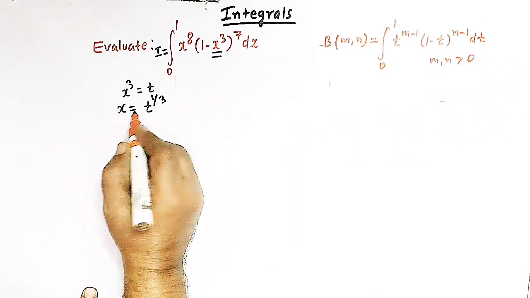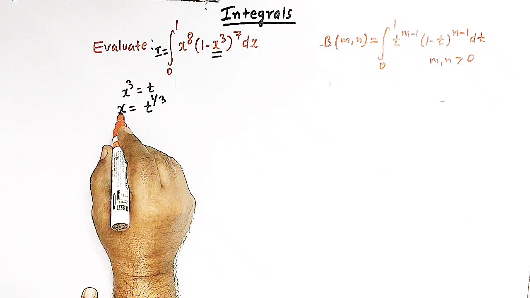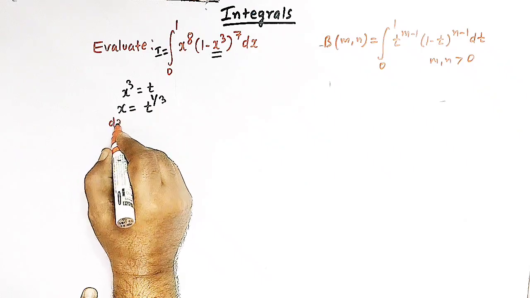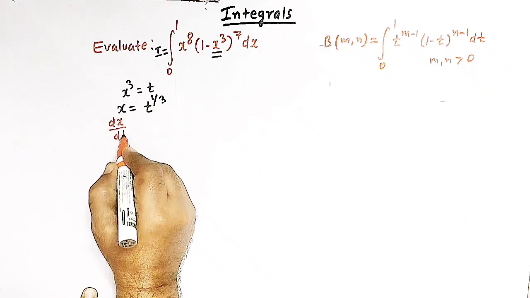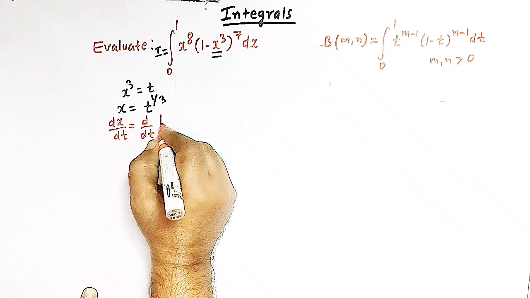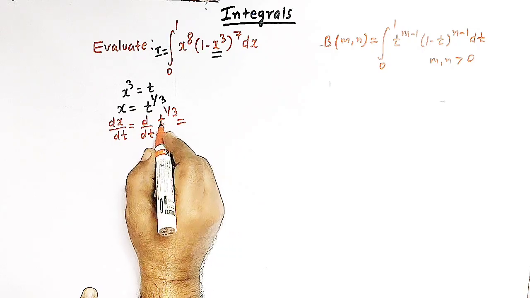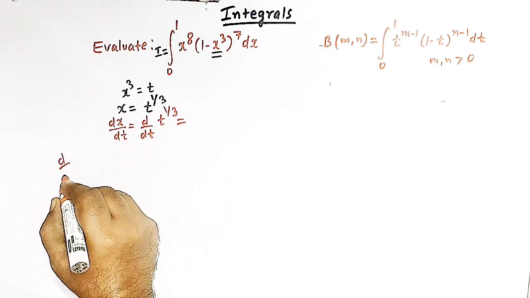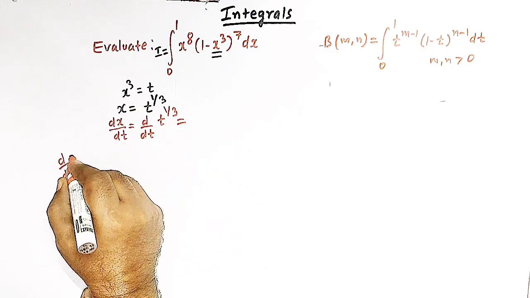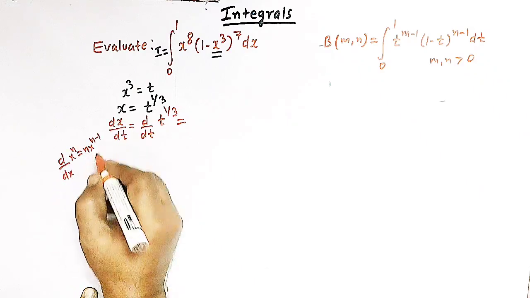So x is equal to t raised to 1 by 3. So let us differentiate x with respect to t. So we have dx over dt is equal to d by dt of t raised to 1 by 3, and using the power rule here, that is d by dx of x raised to n is n x raised to n minus 1.